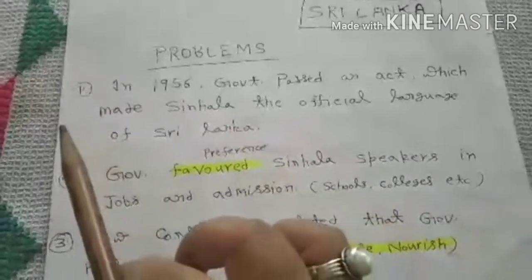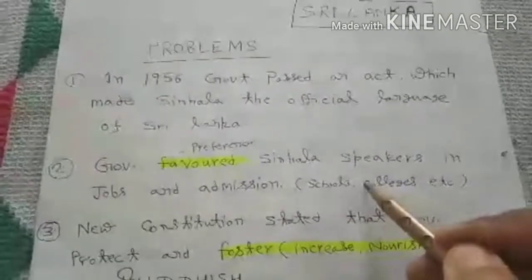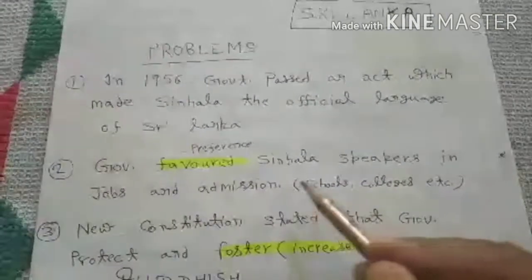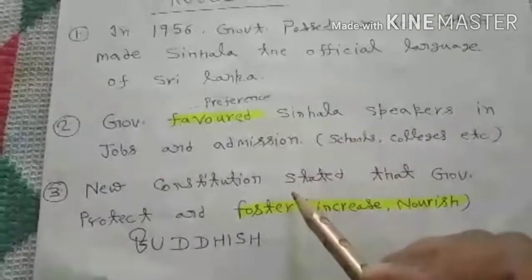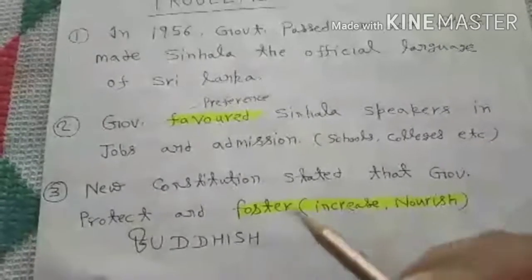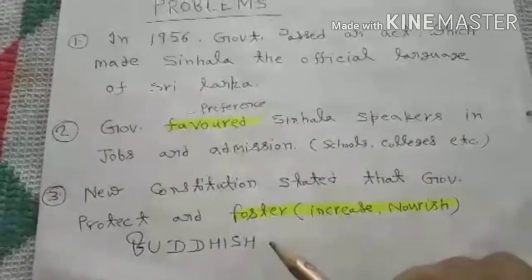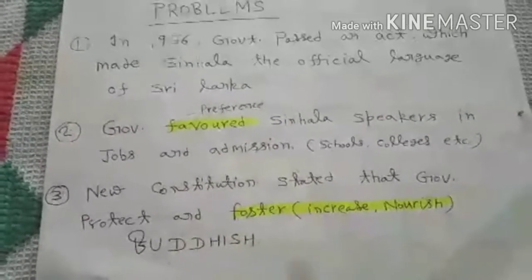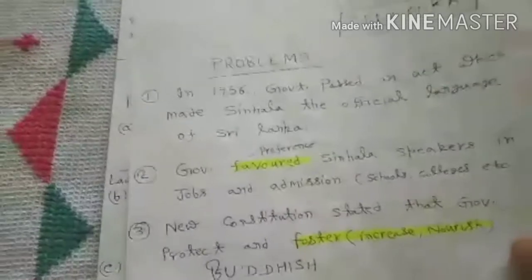Those who speak Sinhala or are Buddhist got preference in schools, colleges, universities and in jobs also. The third thing is that the new constitution stated that the government will protect and foster, meaning increase or nourish, Buddhism or Buddhist people.